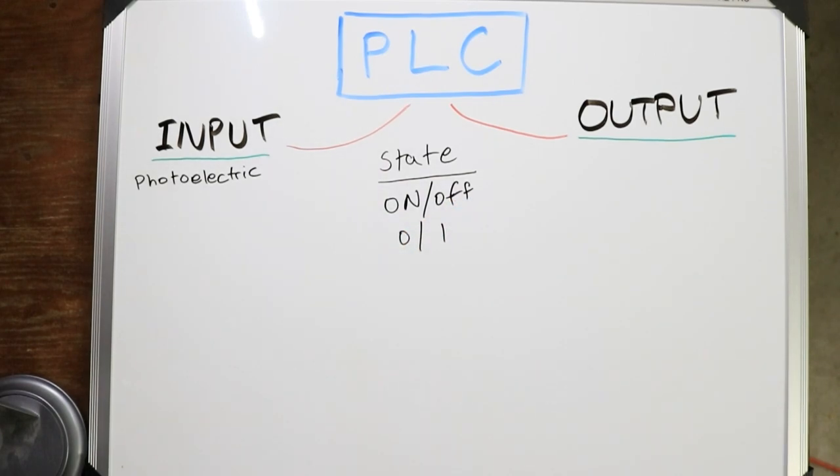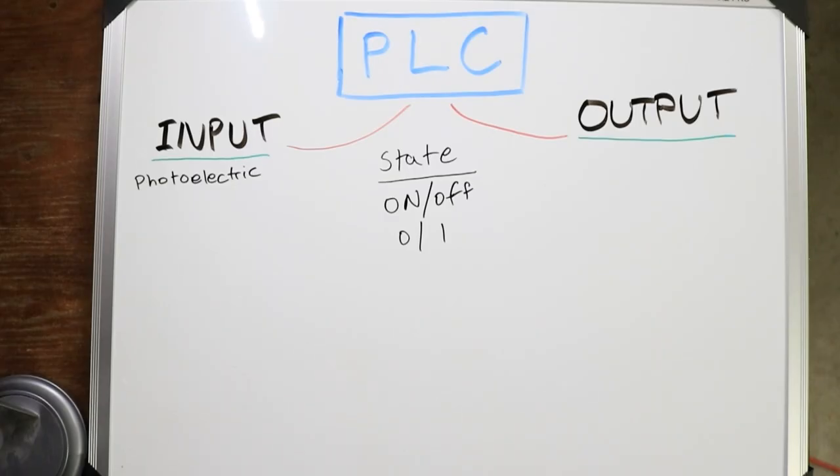And it's important to know these states because the PLC will consider those normal states, and when those states change, the program will activate the output based on the state that changes.